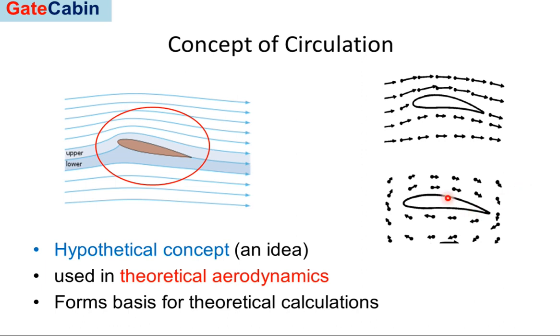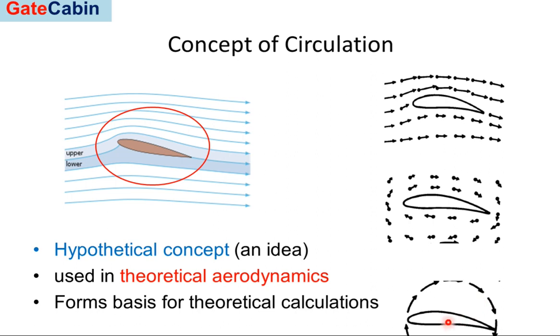From this observation, mathematicians came up with the idea of circulating flow. So when a fluid moves through the air, theoretically we can come up with an idea of circulation, that there is some phenomenon which sets the fluid circulating around the aerofoil.